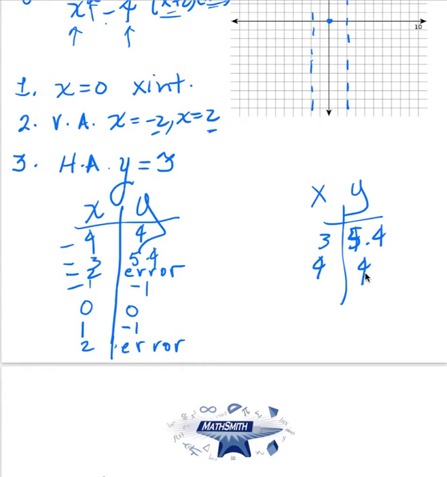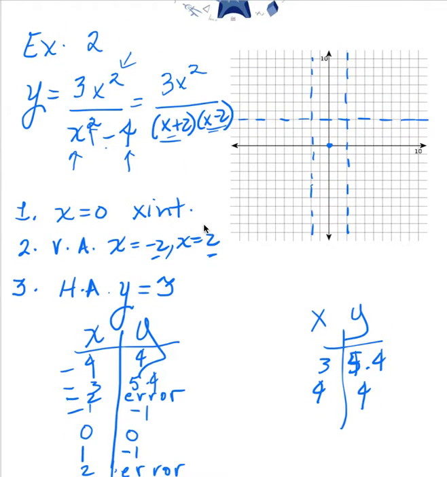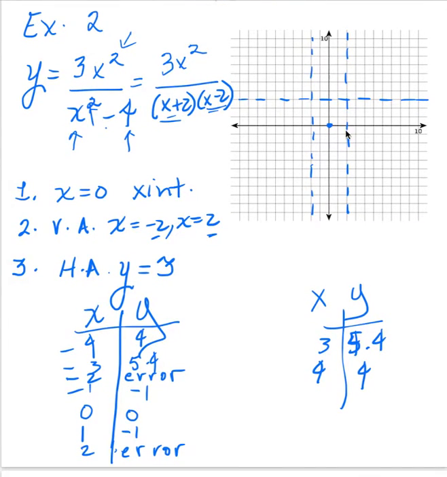All right, so let's start with this. It looks like at -4, I am going to be up at 4. So this part of the graph is going to be up there in that corner.